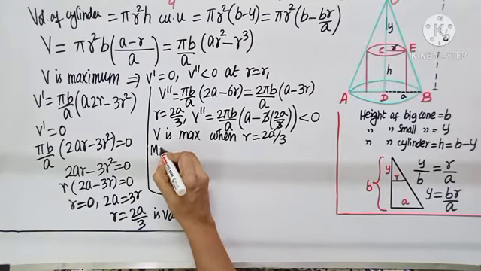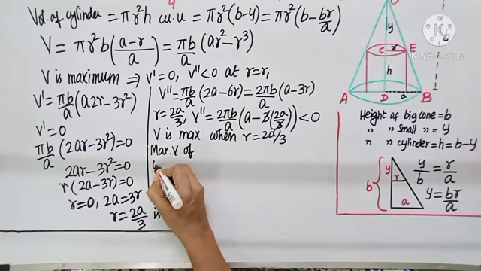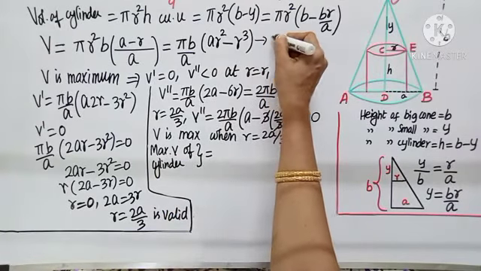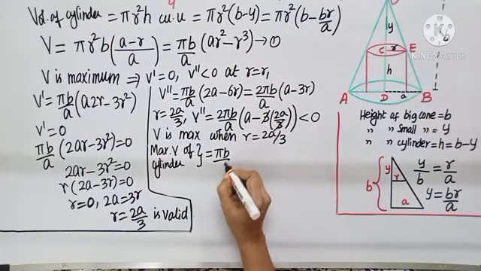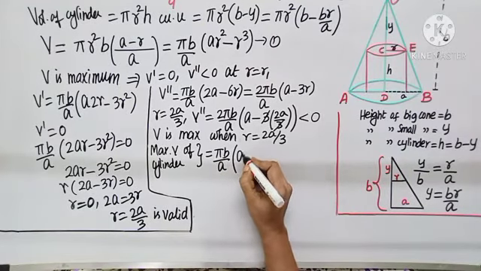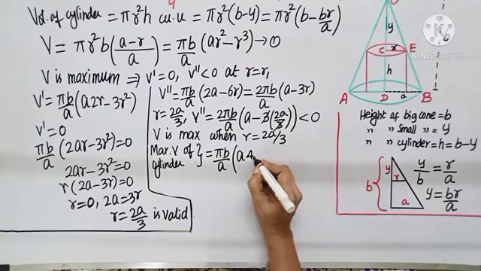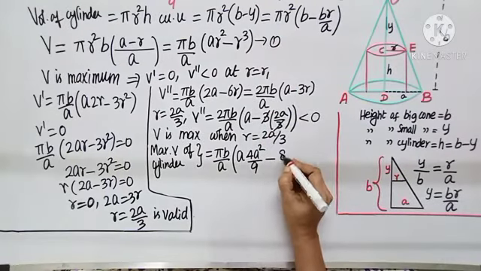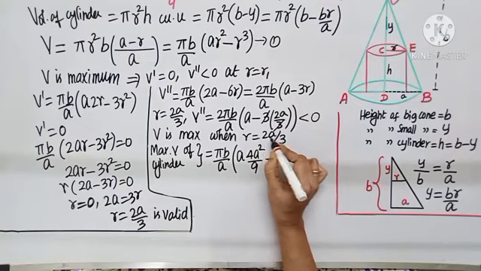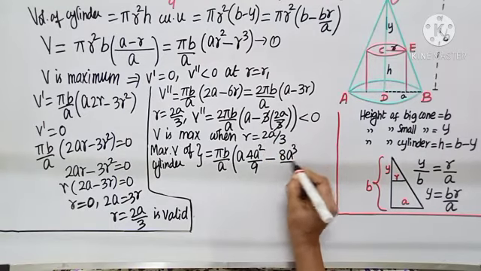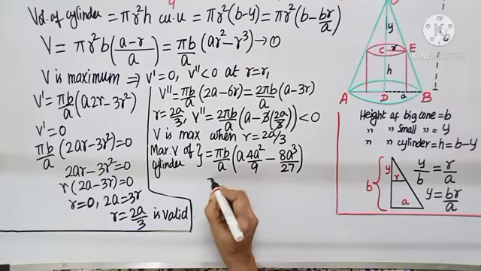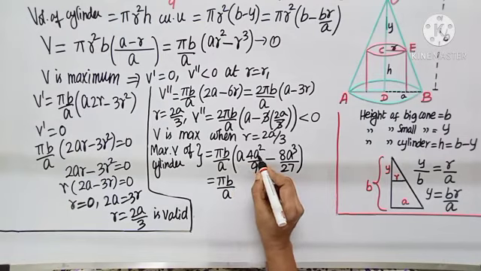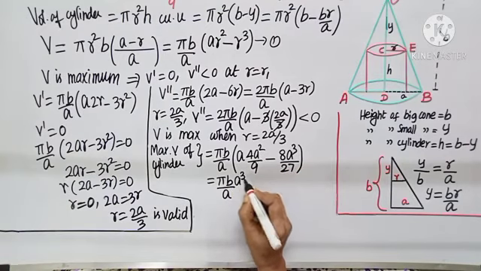So, what is the maximum volume of the cylinder? The maximum volume of the cylinder, as we know the formula from here, say this is 1 pi b by A into A. R square is 4a square by 9 minus r cube. R cube is 2a by 3 the whole cube, 8a cube by 27. Taking LCM, it is pi b by A. A into a square, a cube can be taken out as common.